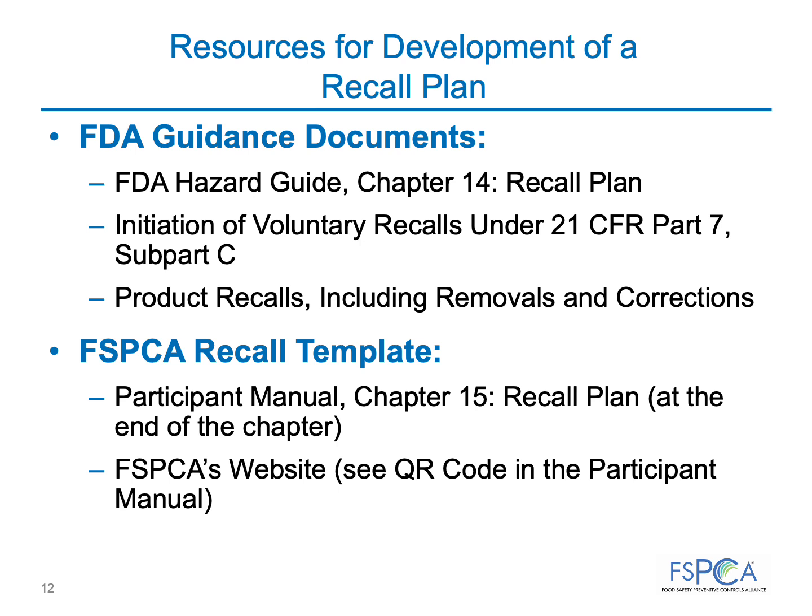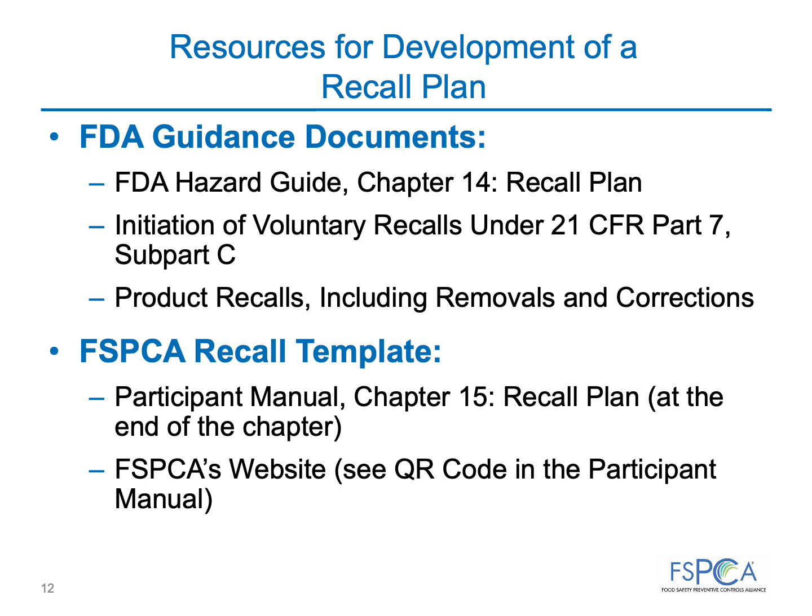FDA resources also discuss preparations facilities in the distribution chain should consider making to ensure timely responses to a recall communication. Additionally, it discusses how the FDA assists companies with carrying out their recall responsibilities to protect the public health from distributed products in violation of the FD&C Act and other regulations administered by FDA.